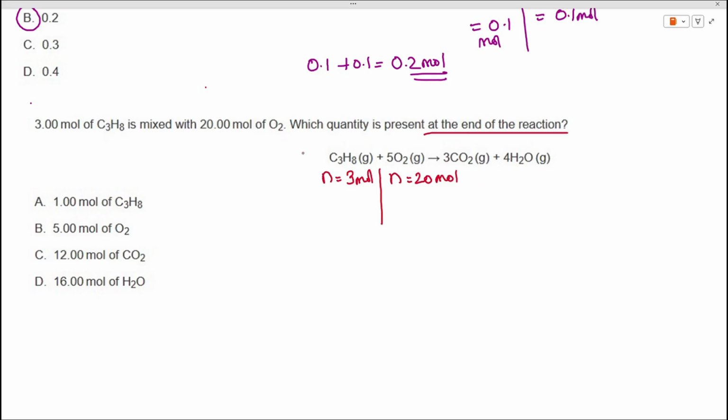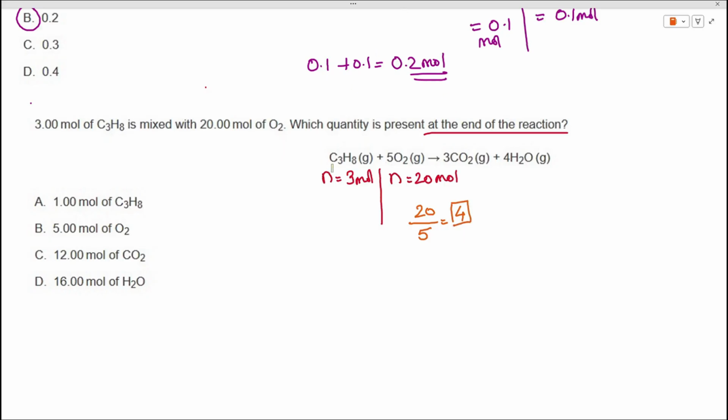So for doing this question, we'll first figure out the limiting reagent. For that, we'll take the moles of oxygen, which is 20, and divide by its own coefficient, which is 5. So this gives us the number 4.